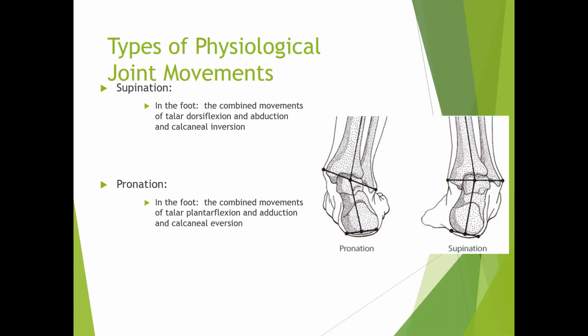So just because you do supinate doesn't mean that it's a bad thing. Do you pronate? Then great, we got them both. Now there is too much of a good thing, so keep that in mind. But it's not always a bad thing. It happens naturally. In the foot, supination is the combined movements of talar dorsiflexion and abduction, and calcaneal inversion.